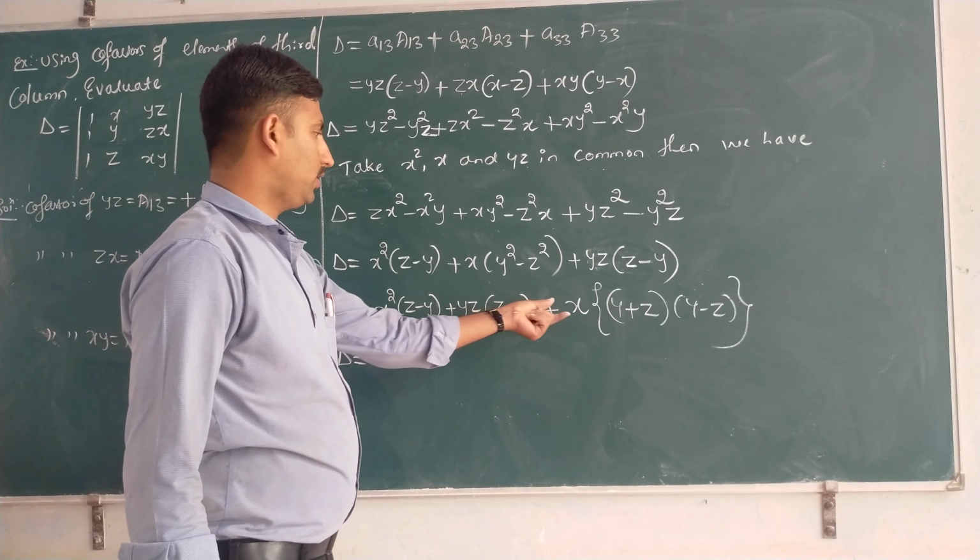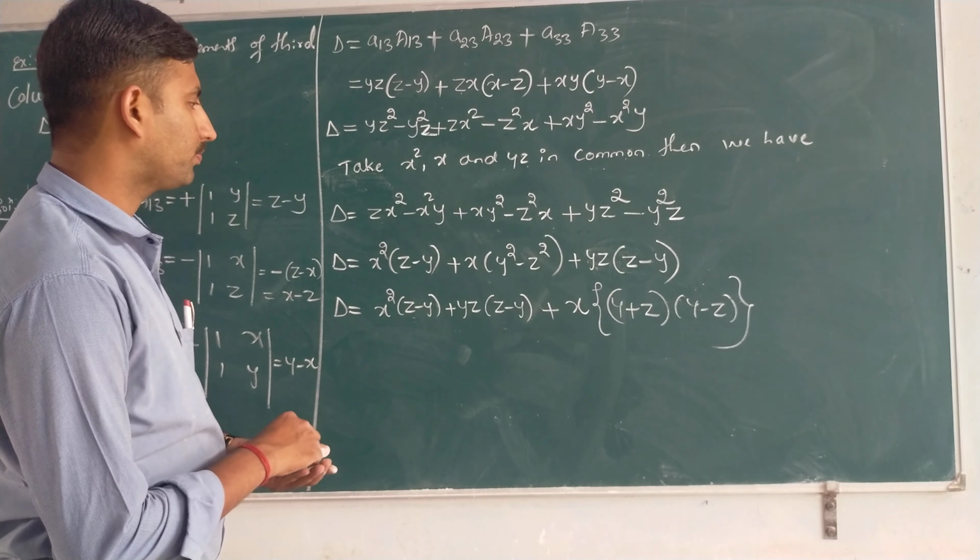Z minus y is there, here z minus y, here there will be y minus z. Then automatically what happens? X square y minus z, or you write it as z minus y.